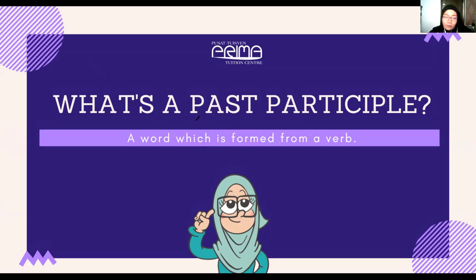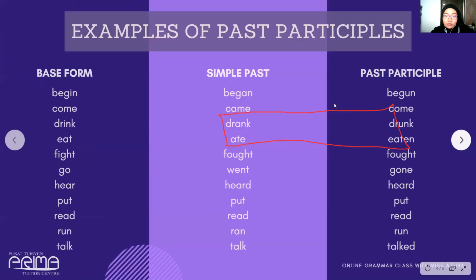So like past tense, a past participle is also a word which is formed from a verb, meaning that a past participle can also be a verb, but it can also be something else. But originally it is formed from a verb. That's the basic idea of what a past participle is. In order to understand better, let us look at some examples of past participles.